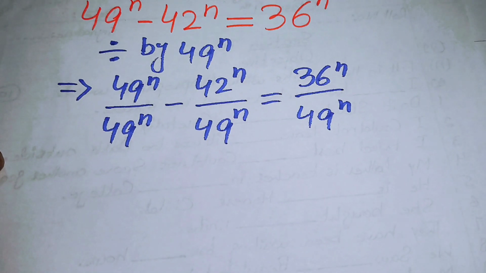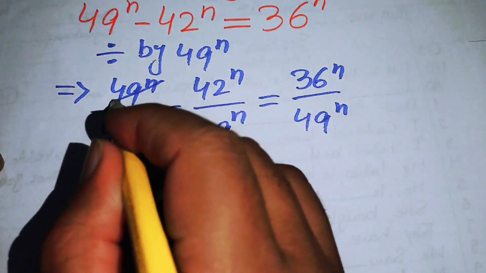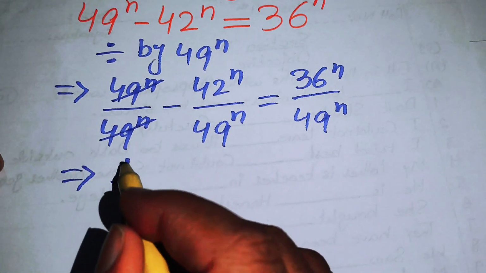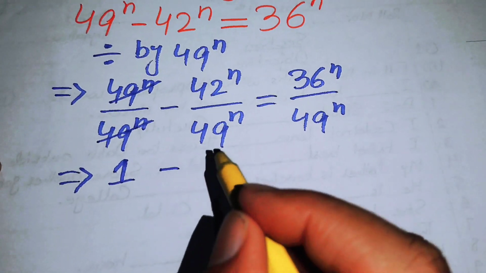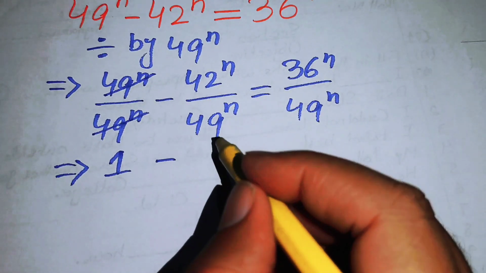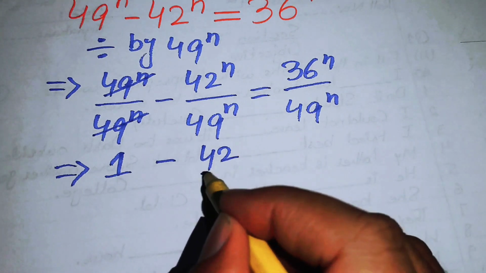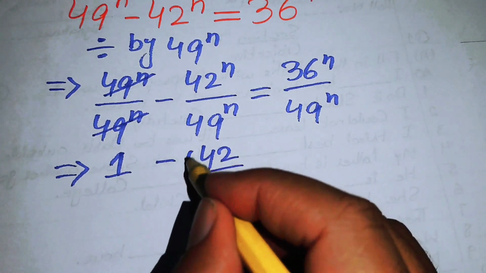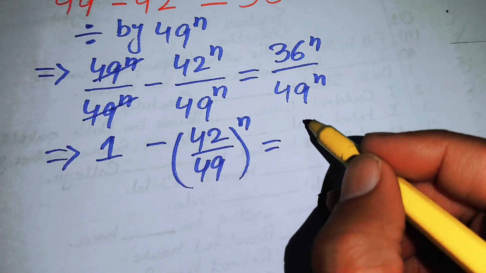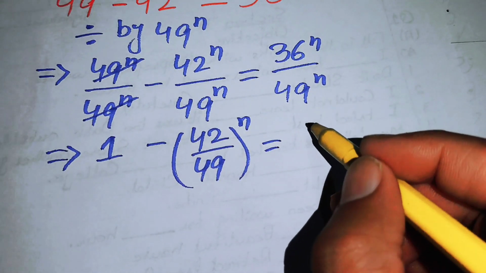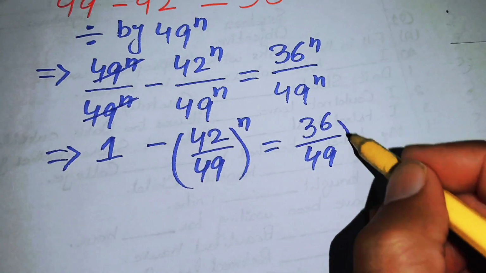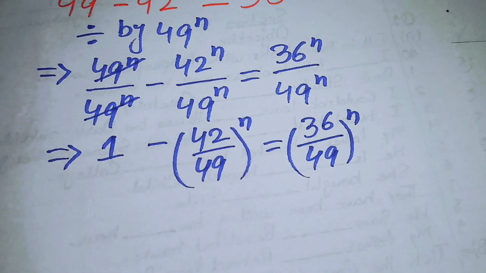In the next step you will see these two terms cancel each other, and you obtain 1 equals, here we combine the exponents of these two terms, and you write it as (42 over 49) whole power n, and it equals, again combining the exponents, (36 over 49) whole power n.